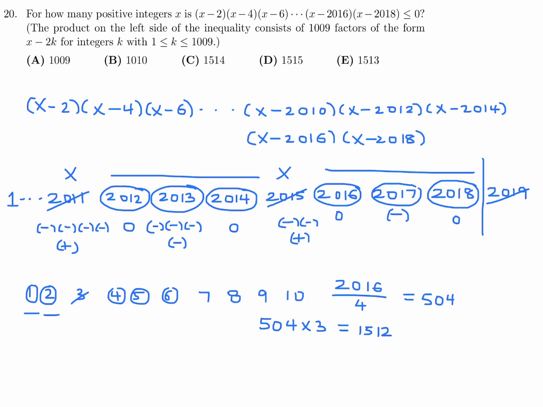For example, if I had continued this list all the way down, you'll see that these 4 give you 3 that work, these 4 give you 3, and then you have these guys left over. So you have to add those 2 that are left over to this 1512, and when you do, you get 1514. So that is the answer to number 20, which is C.